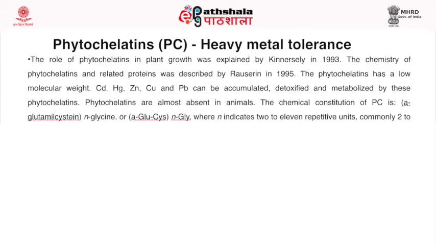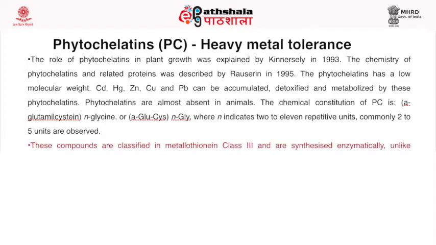So, the chemical constituent of phytochelatin is gamma-glutamyl cysteine N-glycine, or we can say (γ-Glu-Cys)n-Gly, where n indicates 2 to 11 repetitive units, commonly 2 to 5 units are observed.